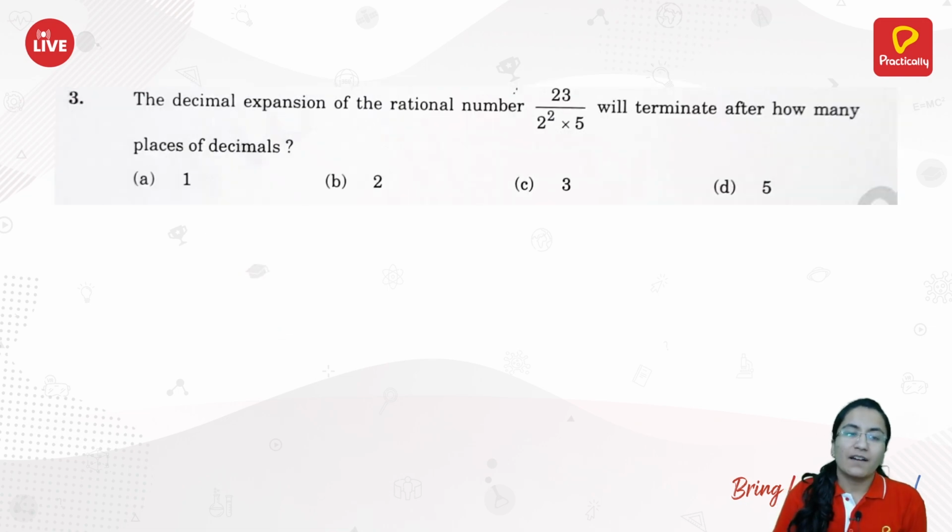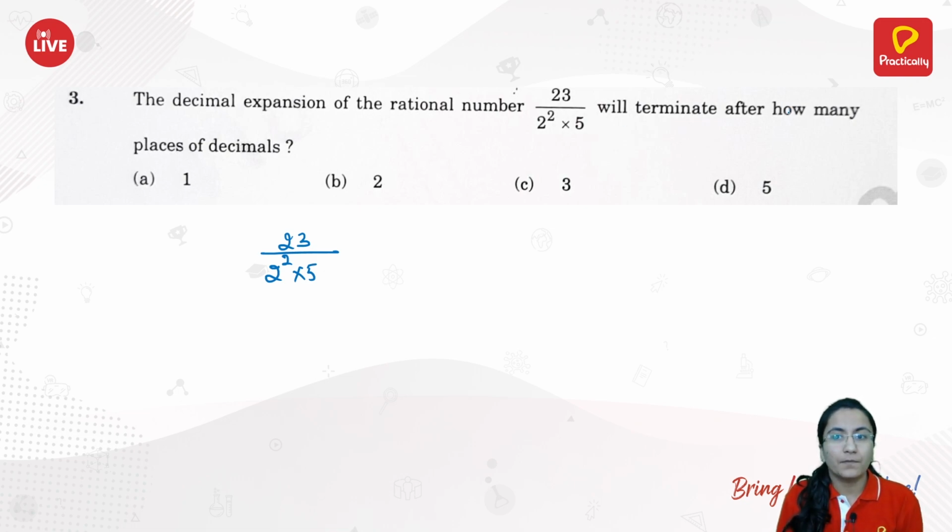Next question we have is: the decimal expansion of the rational number 23 by 2 square into 5 will terminate after how many decimal places? So how do we find this? This is basically direct. Just compare it with 2 raised to power m into 5 raised to power n.